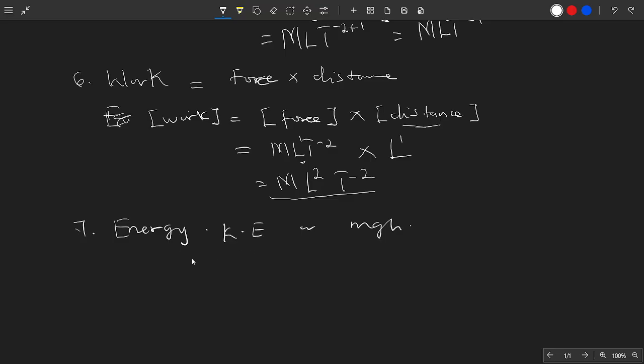All right, and we know that kinetic energy is given by half mv squared, and potential energy is given by mgh. So mass times acceleration times what?